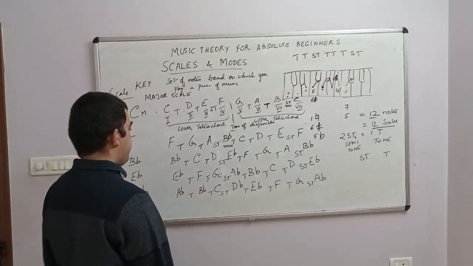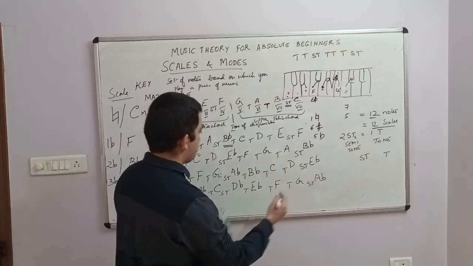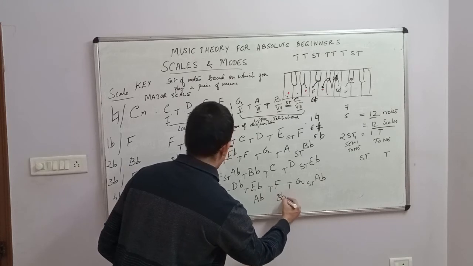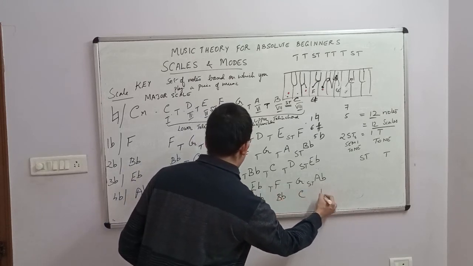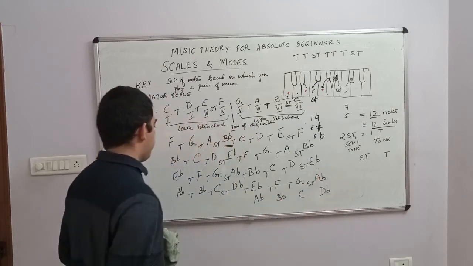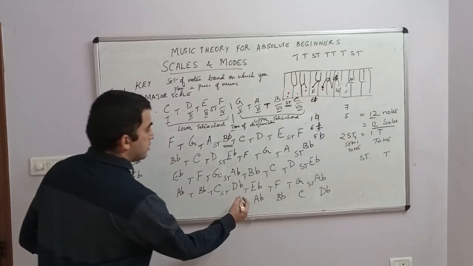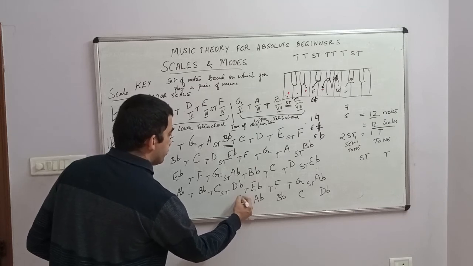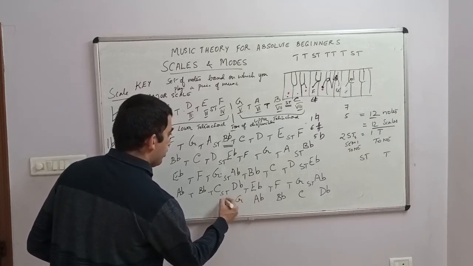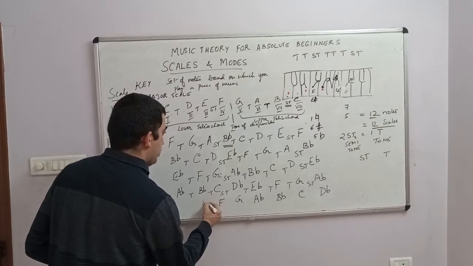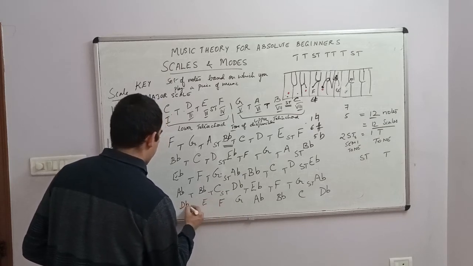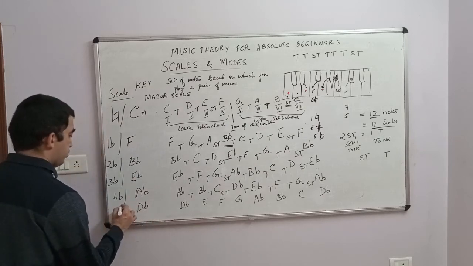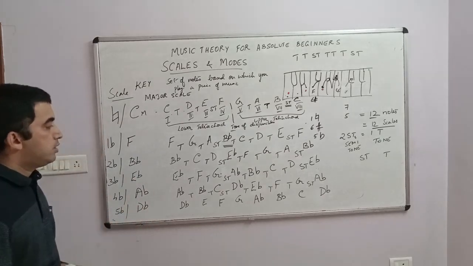Again, same story. Take this 4 up, so it becomes A flat, B flat, C, D flat. Okay? So then you go back to G, F, E, D flat. Correct? So this will be the D flat scale. So you would expect to have 5 flats.